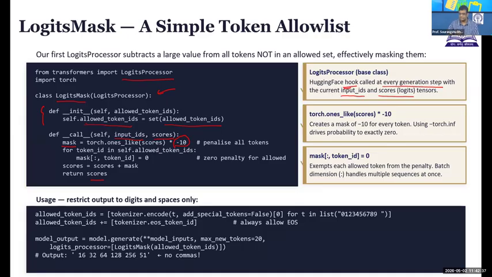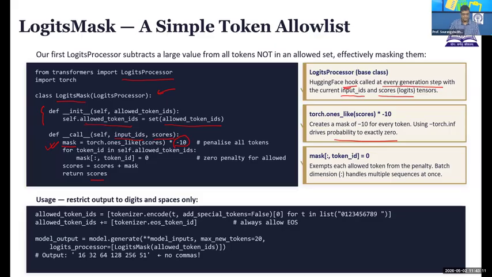You can also set it to minus infinity, by the way. The only thing is it will drive the probability to exactly 0, and then it may happen that at a particular step all your token probabilities become 0. Then there will be a problem. So a priori you are setting the mask to minus 10 for all of them.